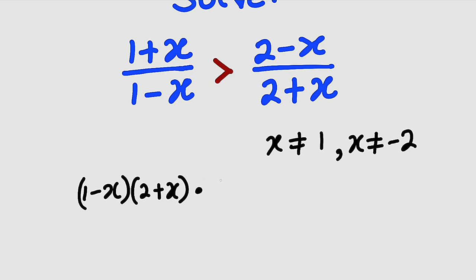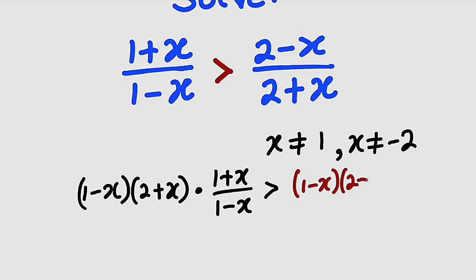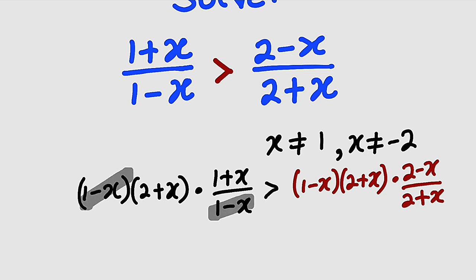That will multiply the left hand side, (1 + x)/(1 - x), which is greater than, and we do the same thing to the right hand side, (1 - x)(2 + x) multiplied by (2 - x)/(2 + x). For cancellation, you can see that this will cancel this and this will cancel this, right?